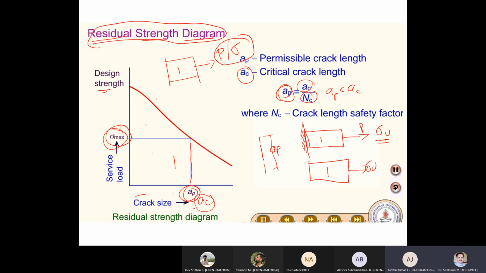Sir, the meaning is that if you have a structure with a very small crack, and the service load is sigma max only, because of sigma max the crack is growing. How much length can I allow? That is AP, sir. So that means how many days it took.